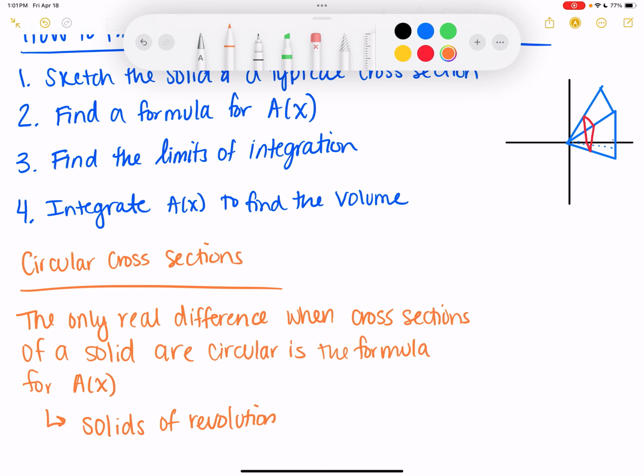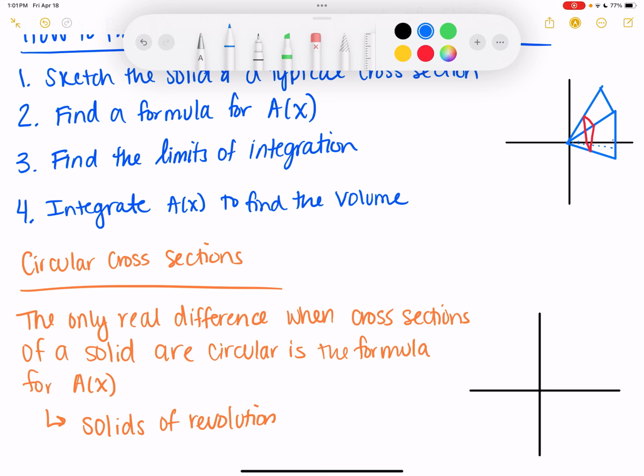Is there a picture for that one? Yes, I'm getting ready to. I was making sure I wasn't missing anything. So this one's going to kind of look like a flower vase, at least the way I'm going to draw it.